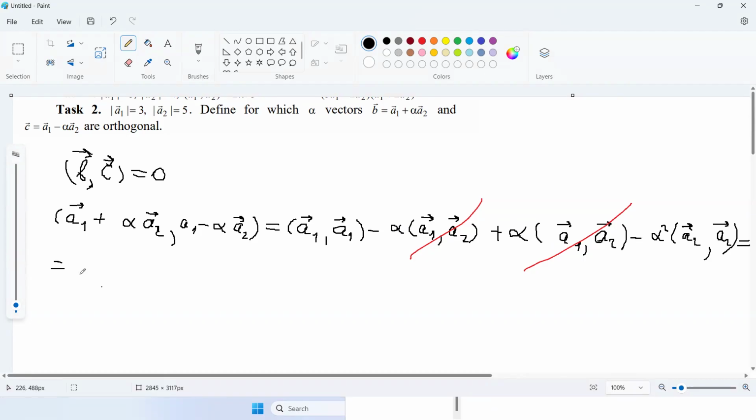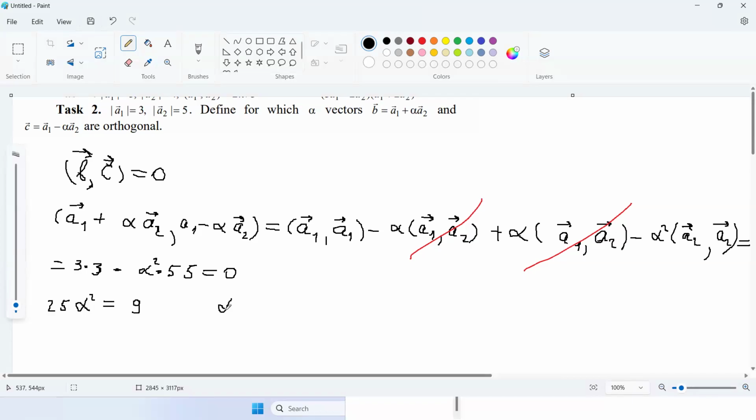And now what we have: 3 by 3, because we multiply the vector by itself, minus alpha squared and 5 by 5. And we have the equation that we need to solve with respect to alpha. So 25 alpha squared equals 9.